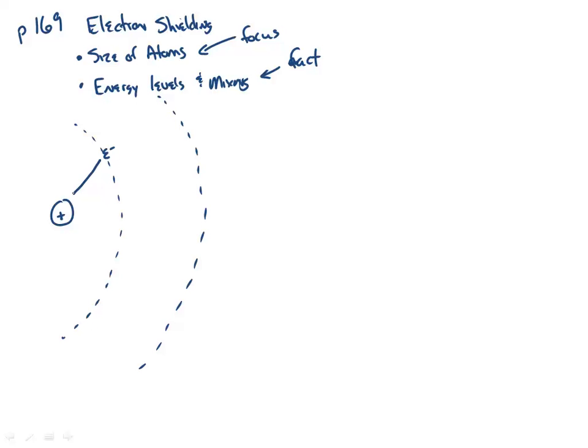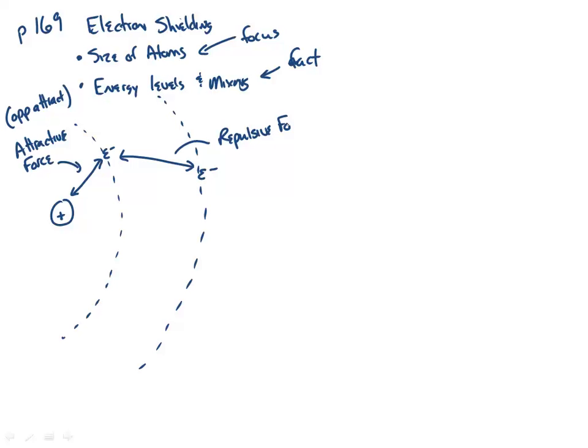Between the electron and the nucleus, we have an attractive force, because we know that opposites attract. And then between electrons, in between the shells, we have a repulsive force. Because, of course, we know likes repel.